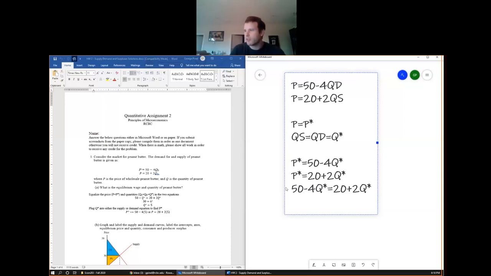So I'm left with 30 minus 4Q star equals 2Q star. Now I'm going to add 4Q star to both sides. So 30 equals 6Q star. Then I'm going to divide both sides by 6. So Q star equals 5. And I just rearrange them here.